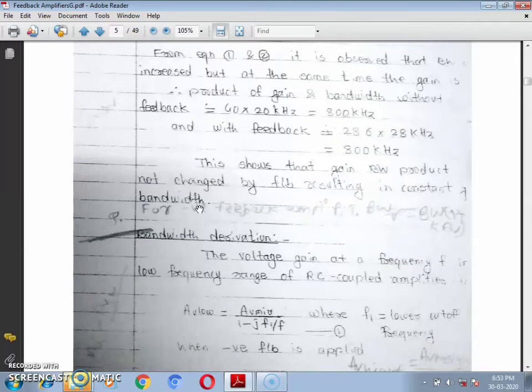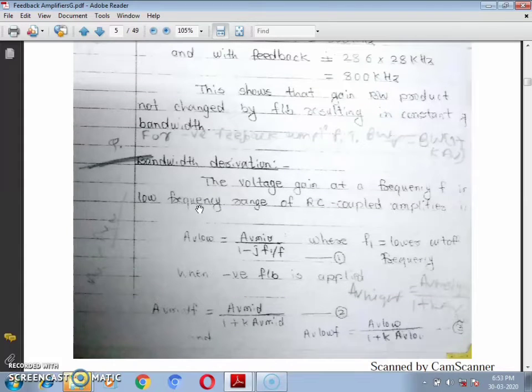and for that purpose we use the frequency response chapter, where we know the relation between the voltage gain at mid frequency and low frequency, and the voltage gain at mid frequency and high frequency. So we know that the voltage gain at low frequency is given as AV mid divided by 1 minus J times F1 divided by F, where F is the applied frequency and F1 is the lower cutoff frequency.